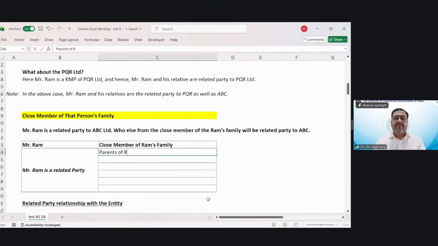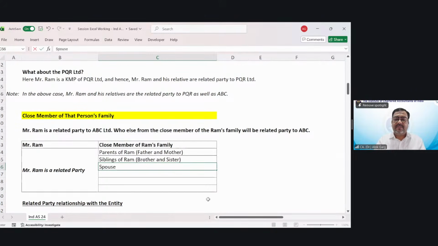Parents of Ram, right? Parents means father and mother. Siblings of Ram means brother and sister, right? Then spouse.